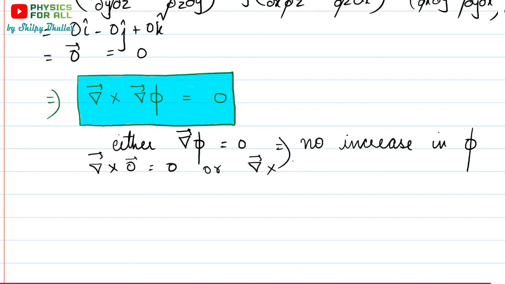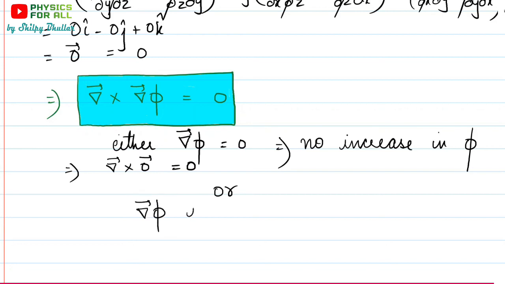For curl we want a vector quantity, so obviously it has to be a 0 vector. But again we would get just 0 as the answer. Okay, so one way is this, or the other way could be that this del phi is irrotational.